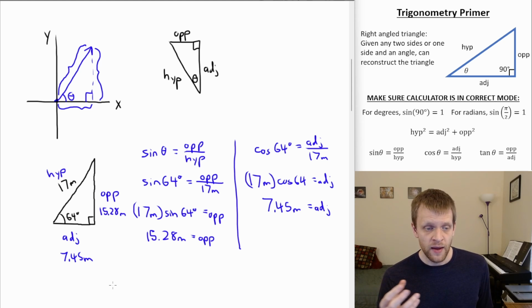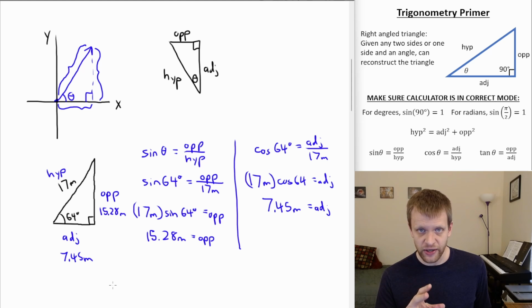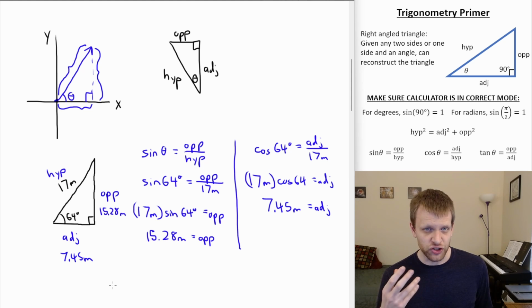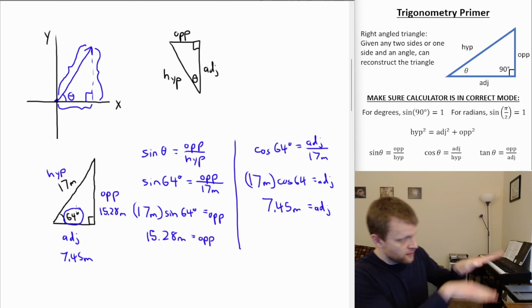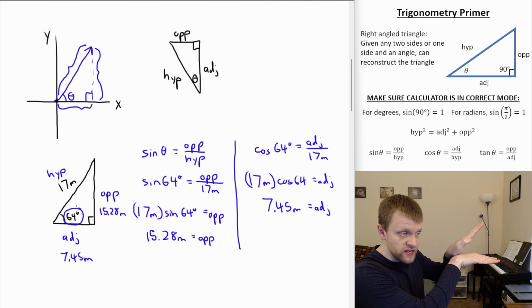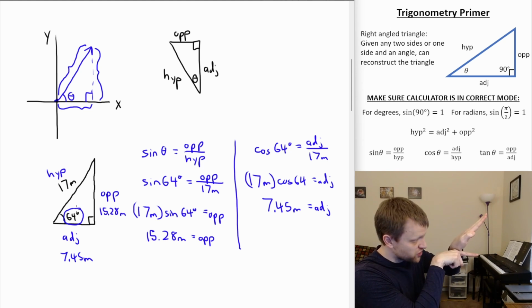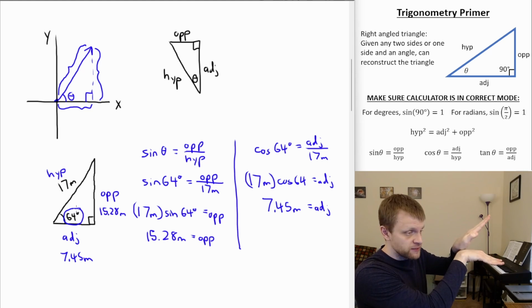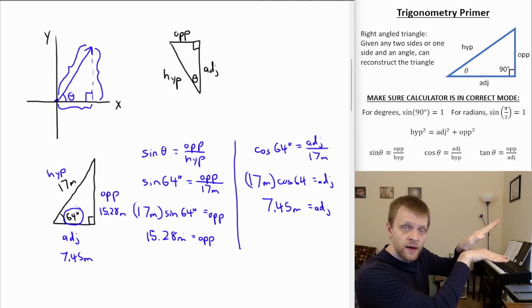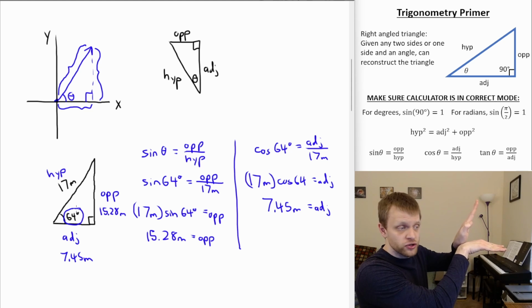A good thing to do whenever you finish one of these questions and have that diagram is to check that your answers make reasonable sense. For example, in this case, for the angle we were using, 45 degrees would be directly diagonal. It would be the same distance horizontally as vertically, so those two sides would be the same. But this angle is 64 degrees.